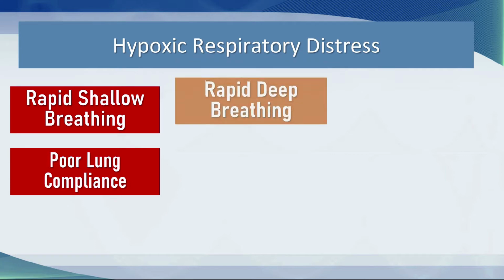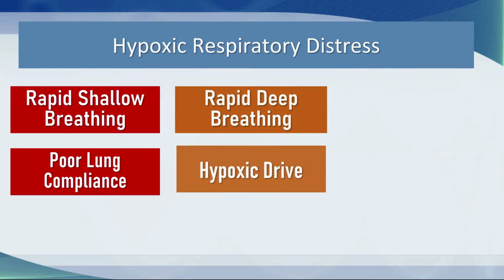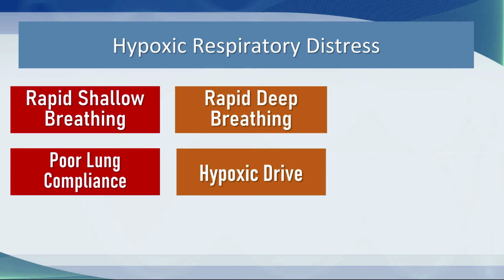The second manifestation is rapid deep breathing consequent of activation of the hypoxic respiratory drive. In this situation, the patient is hypoxemic due to right to left intrapulmonary intracardiac shunt, but the lungs remain relatively compliant and the patient takes a lot of big deep breaths. And we saw a lot of this during the COVID-19 pandemic.